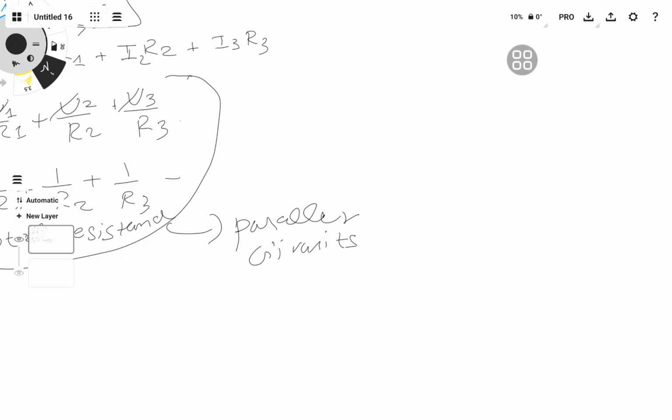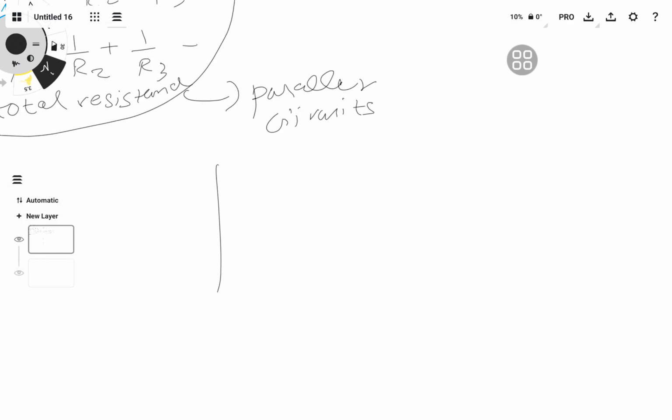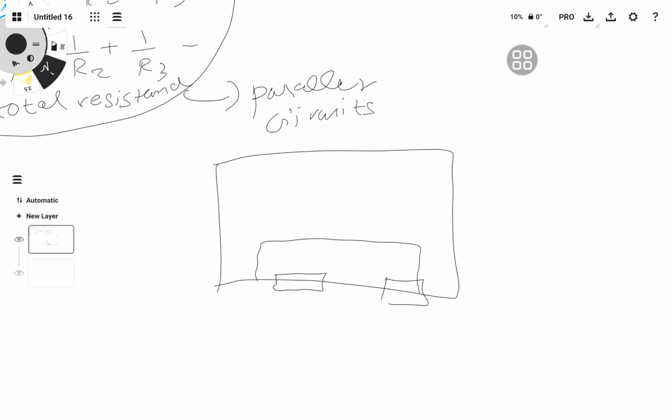Okay, we have discussed parallel circuits till now. Parallel circuits are kind of like this. Actually let's draw them even more parallel. Let's do a battery here. This is wrong, it's like this.